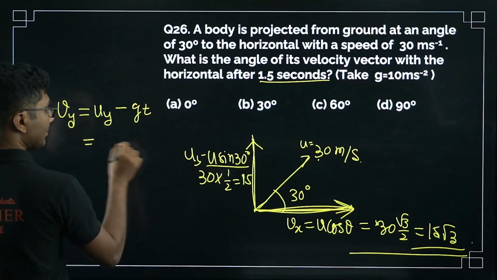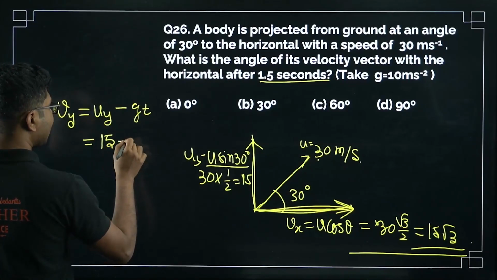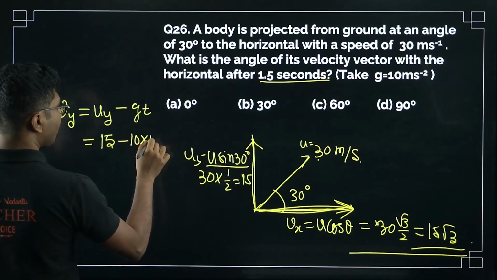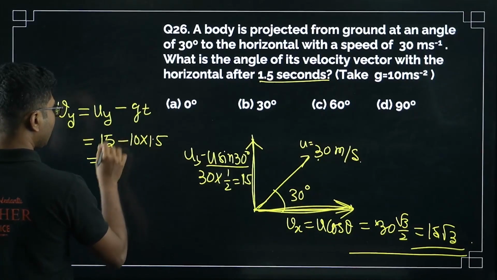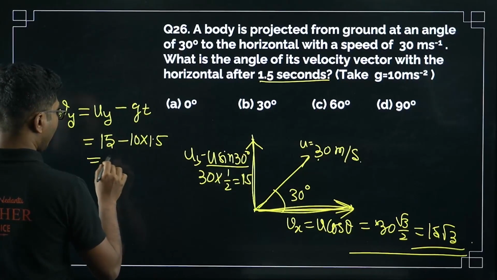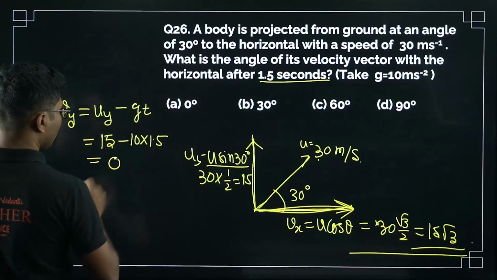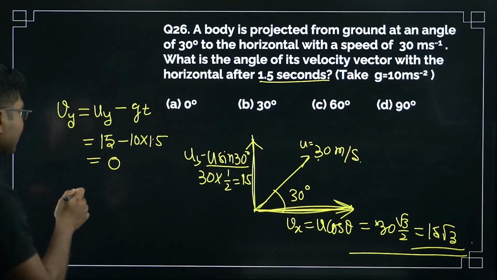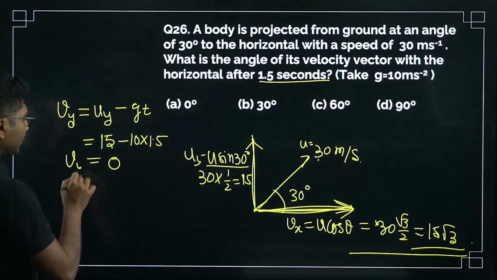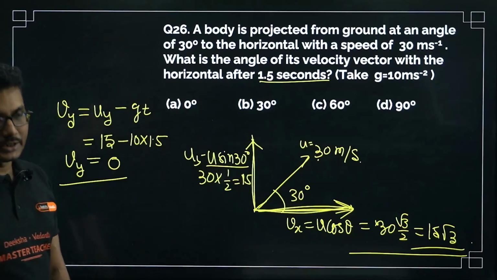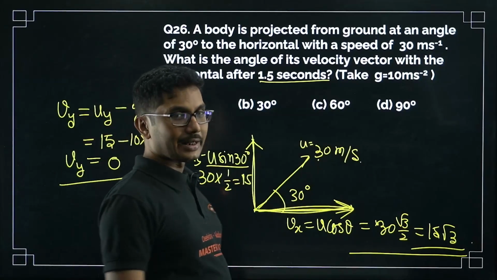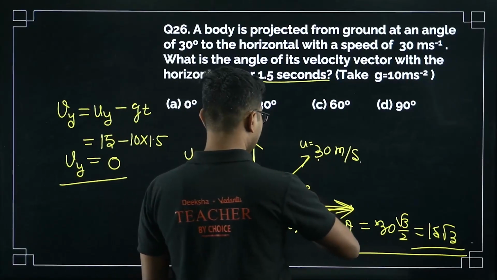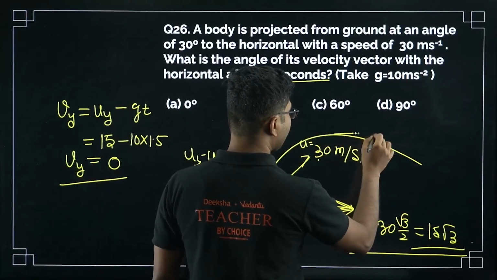What is uy? Uy is 15, minus g is 10, time is 1.5, so it will be 0. So velocity along y direction will be 0. If velocity along y direction is 0, that means the particle is at the highest point, that is along this point.